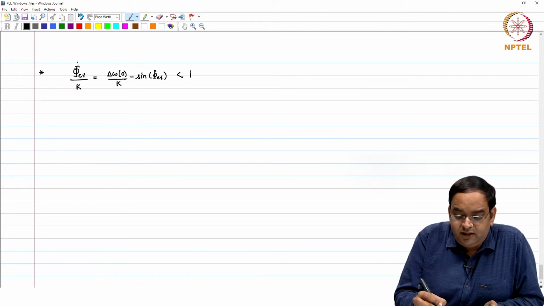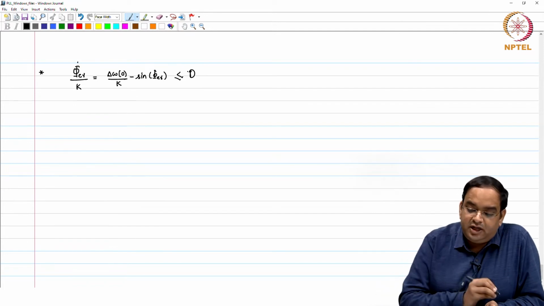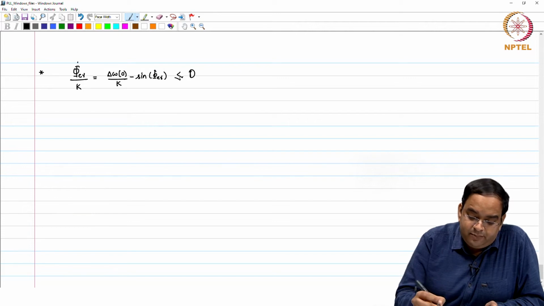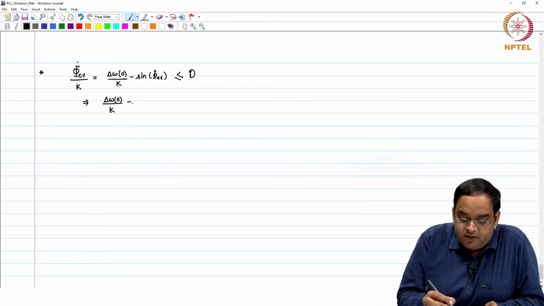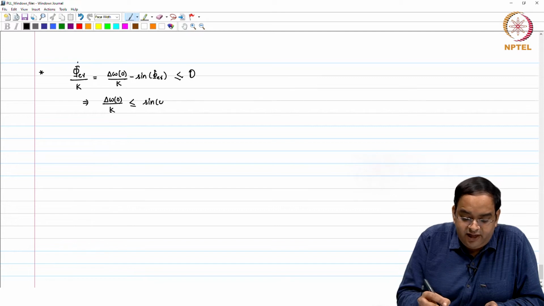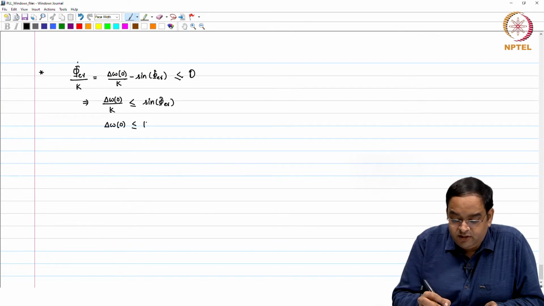This is less than or equal to 0, only then you will find that there are solutions, and this will happen only if delta omega 0 by k is less than or equal to sine of phase error, which means there is an upper limit on the frequency error which you can have, which is k.